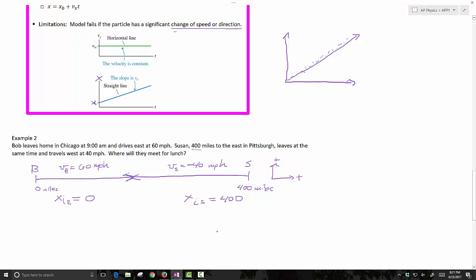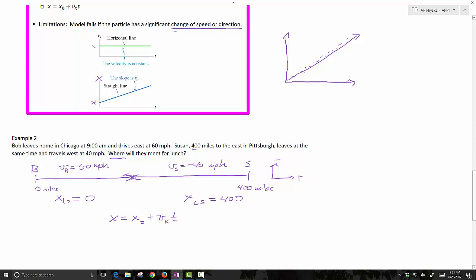All right, I think we're ready to start to attack it. It says where. The problem is that the only equation we have is the position function: x naught plus Vx times time. But here's the thing.